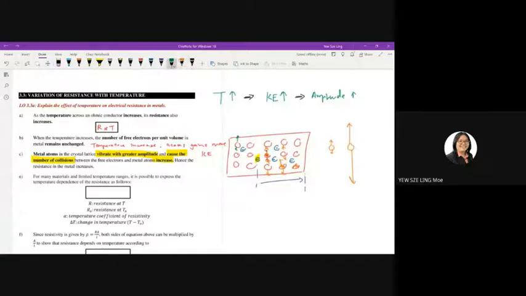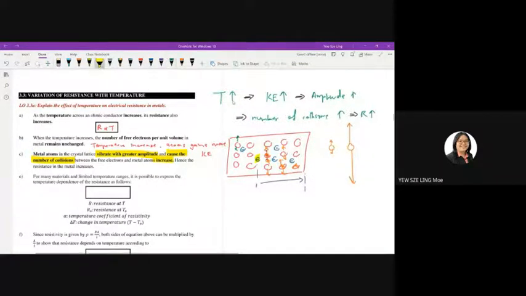What does it mean by amplitude increase? More collisions. So the number of collisions increases. What does that mean? Well, that means resistance increases. Why? Because it's getting harder for the electron to travel towards the other end.